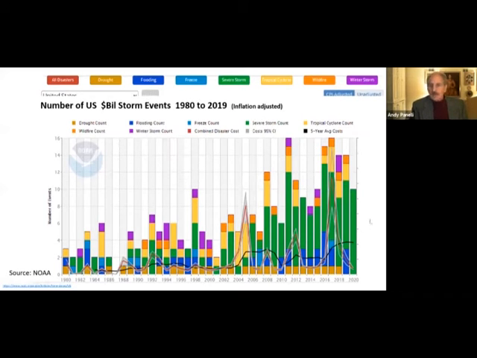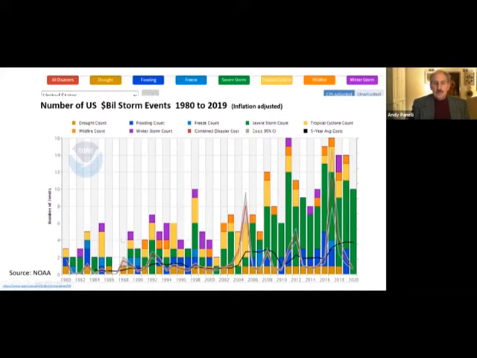If we look back over that same 40-year period from 1980 to 2019, this is the number of billion-dollar storm events, and that's inflation adjusted, that we've experienced over the last 40 years. And there's quite a nasty trend going on here.